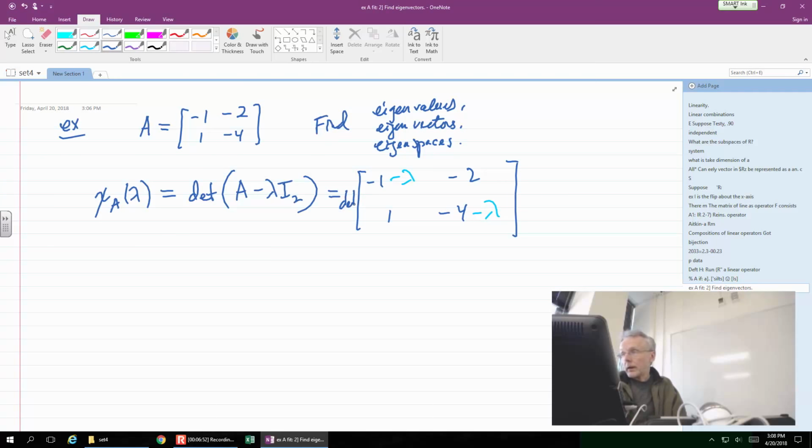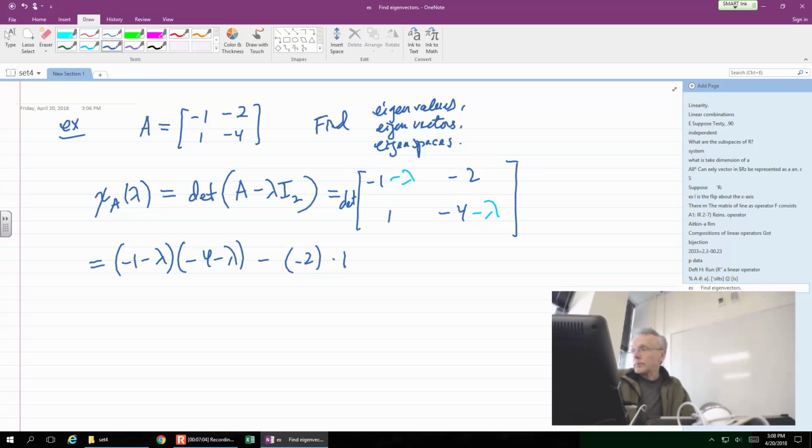And then I am to compute the determinant. 2 by 2 determinants, not too hard. So it will be -1 minus lambda times -4 minus lambda minus 2 times 1. So just computing the determinant, subtracting two diagonal terms.